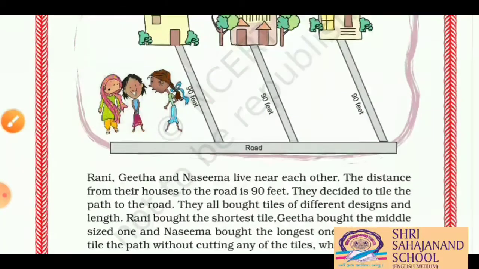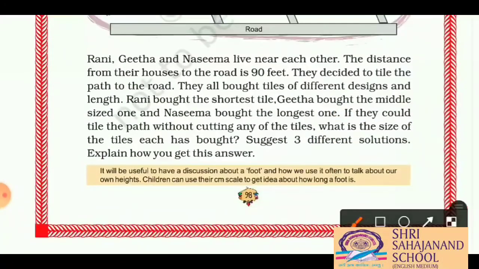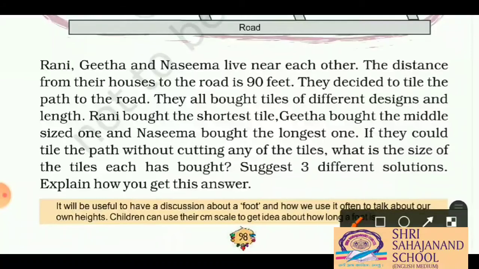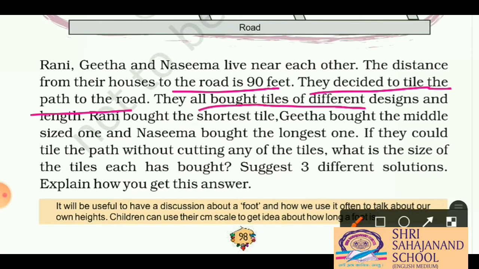Let's read the question first. Rani, Geeta and Nasima live near each other. The distance from their houses to the road is 90 feet. They decided to tile the path to the road. Now they all bought tiles of different designs and length. Rani bought the shortest tile, remember it.